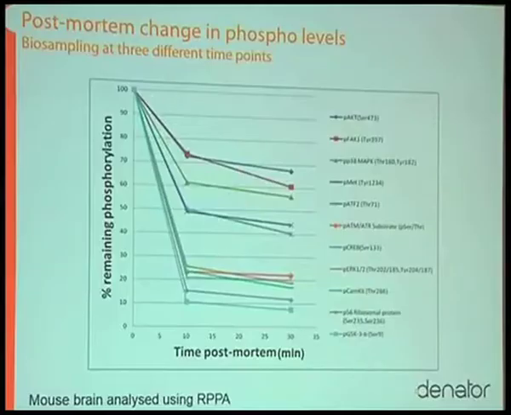And all of these, some of them decrease quite rapidly, some not so much. The majority of the decrease seems to happen during the first time period compared to the second time period. This has probably to do with the disappearance of the ATP that happens quite rapidly in brain tissue.